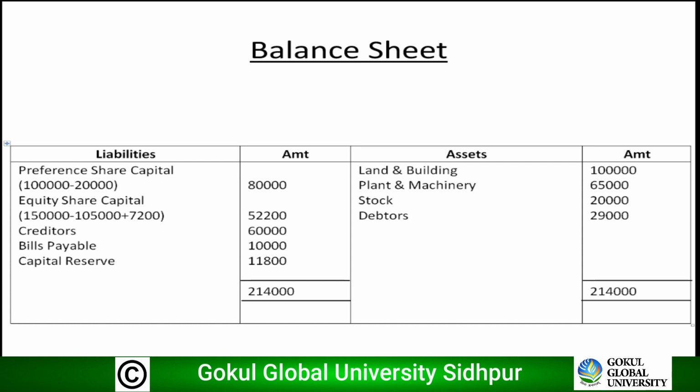There are no changes in the amount of stock, so it will remain same. And last, debtors. Also, there are no changes in the amount of debtors, so it will also remain same, 29,000. After that, make total of both sides, liabilities and assets, and make sure that your total should be equal on both sides. Thank you.